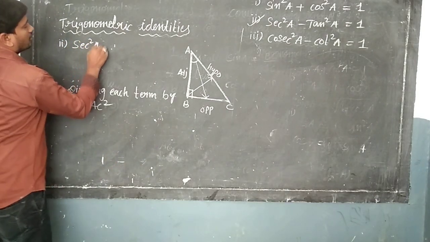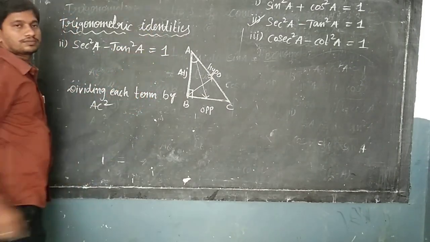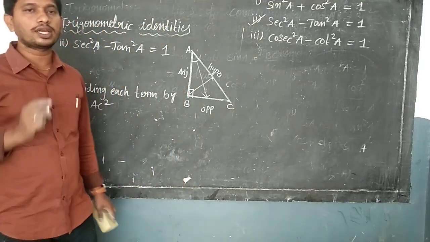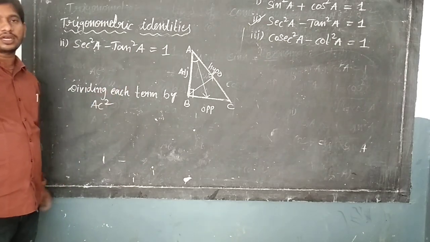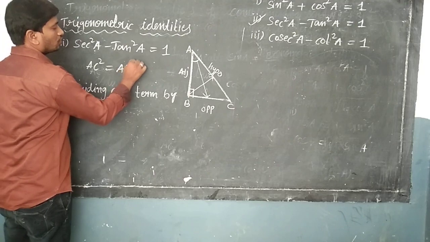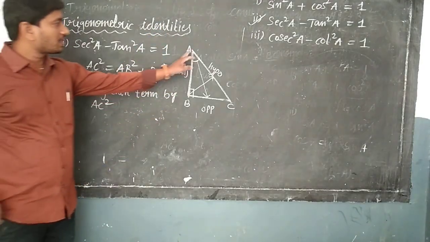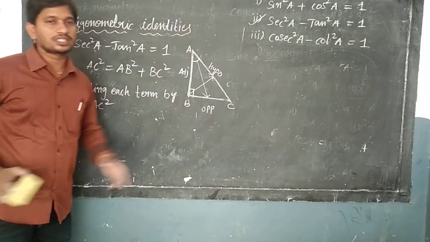Sec square A minus tan square A equal to 1. Again, according to Pythagoras theorem, what is Pythagoras theorem? AC square equal to AB square plus BC square.